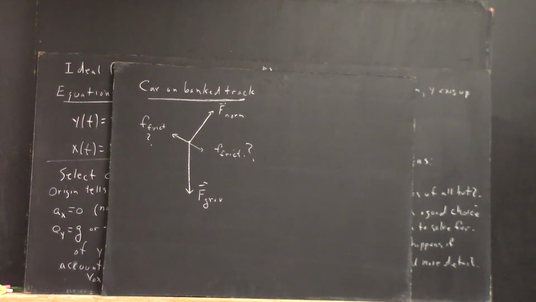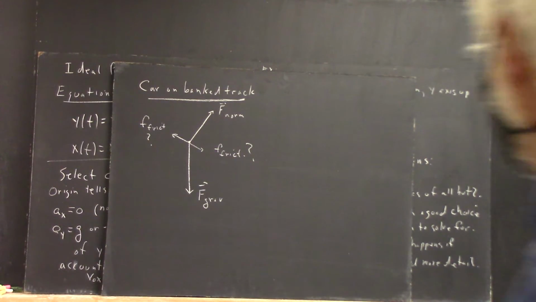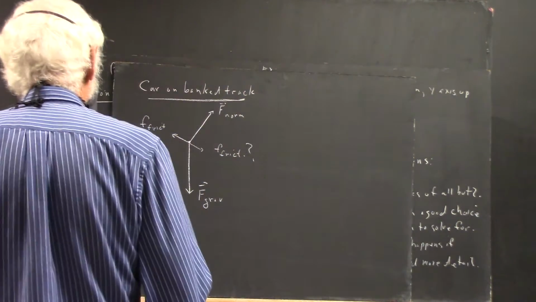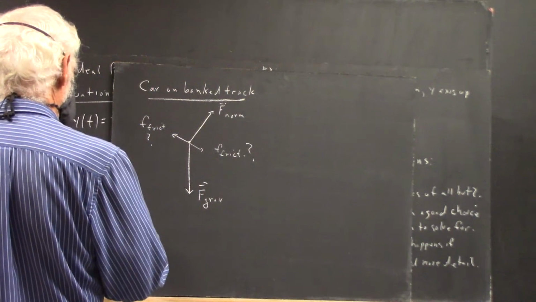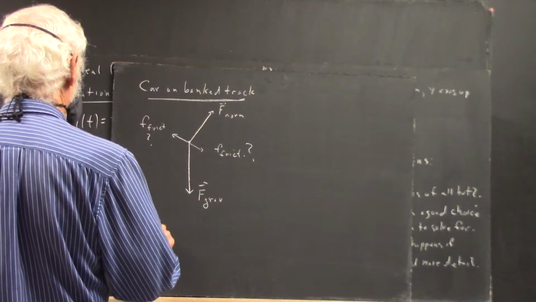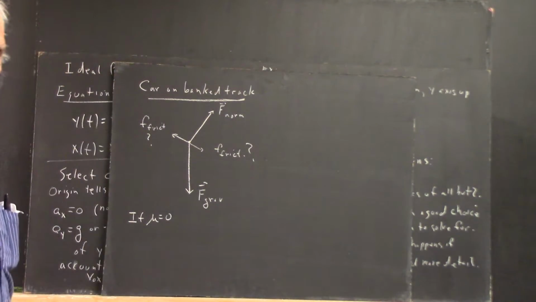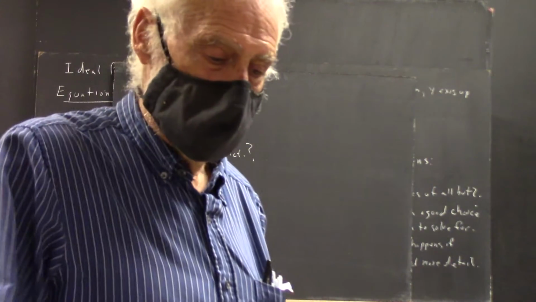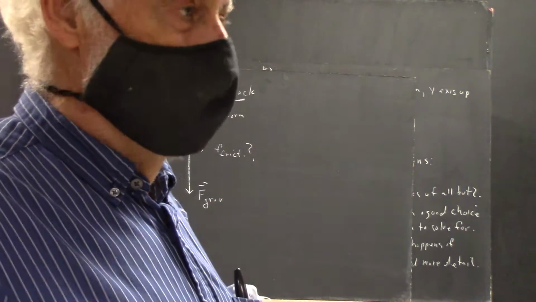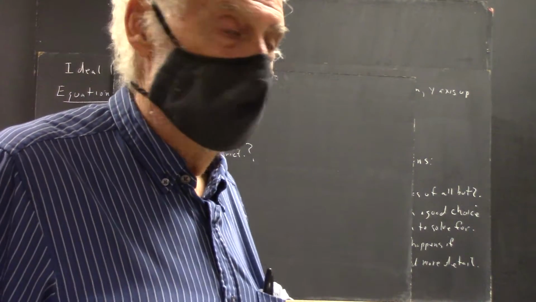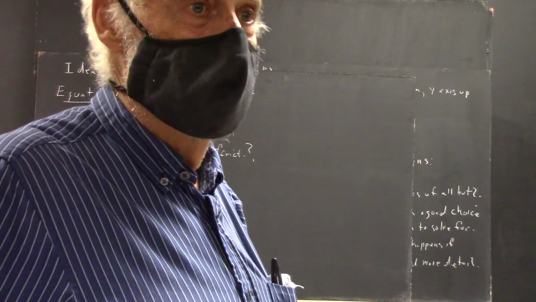Well, we're not going to deal with the frictional force. So if the incline is frictionless, if the coefficient of friction, static or kinetic, I'm not going to put a subscript on it, it means there is no friction. Whether it's static or kinetic, it's zero.